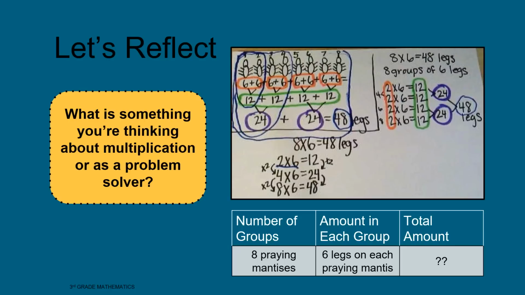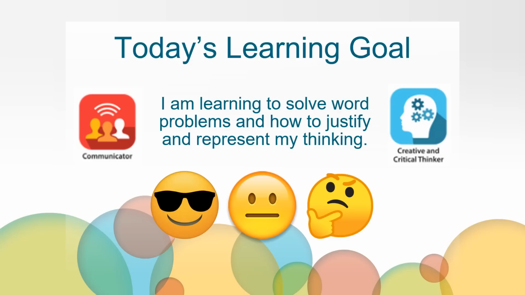Let's take a moment to reflect on today's learning by sharing your thinking with someone or writing down your ideas to this question. What is something you're thinking about related to problem solving or multiplication? In today's episode, you had an opportunity to think creatively and critically about how to solve a word problem and how to communicate your thinking on paper.